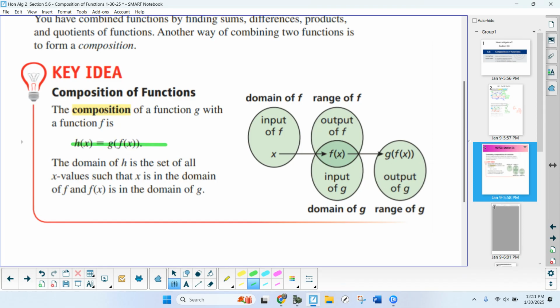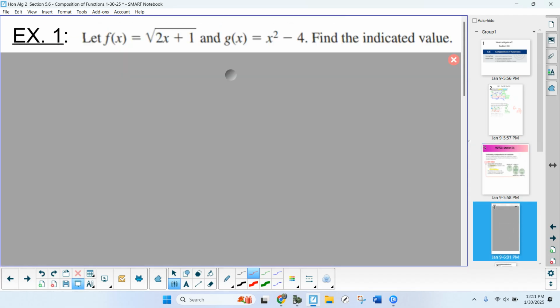This right here says, the way you read this, h of x is equal to g of f of x. G of f of x. And you always start with your inside and work out. We'll talk about domains in a minute when that becomes relevant.